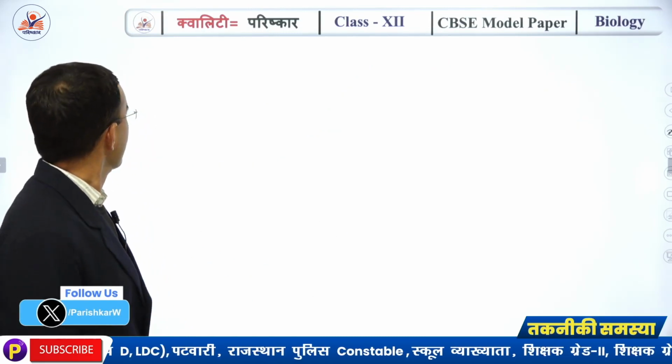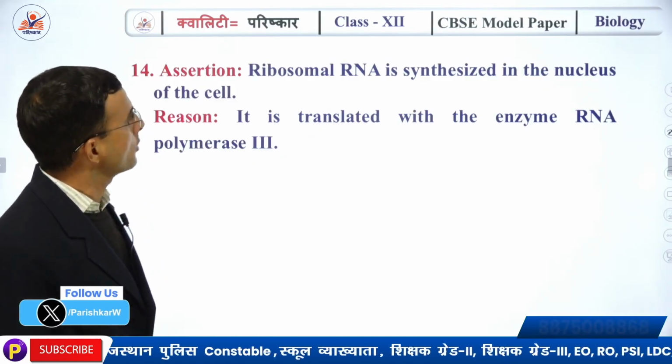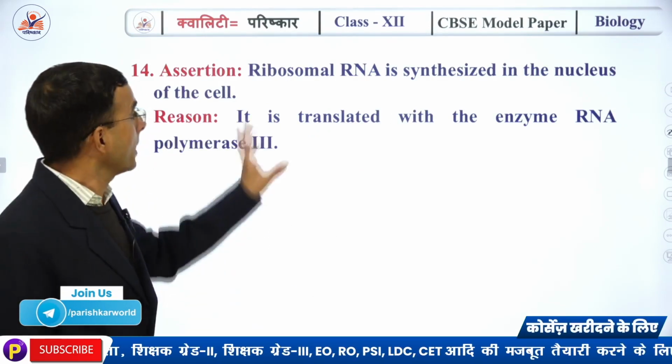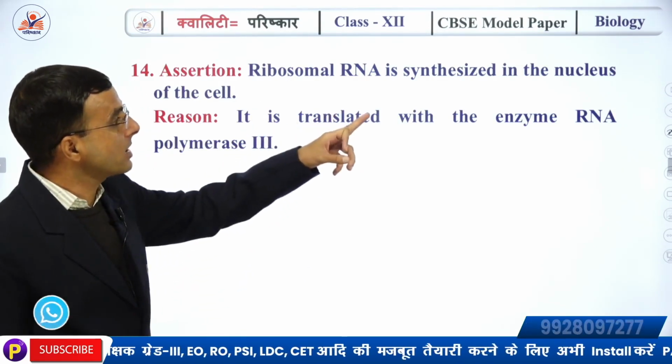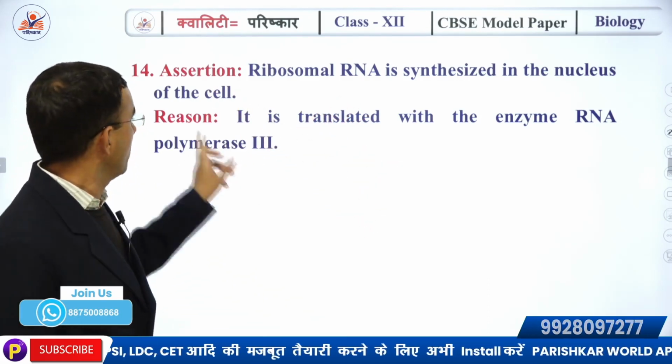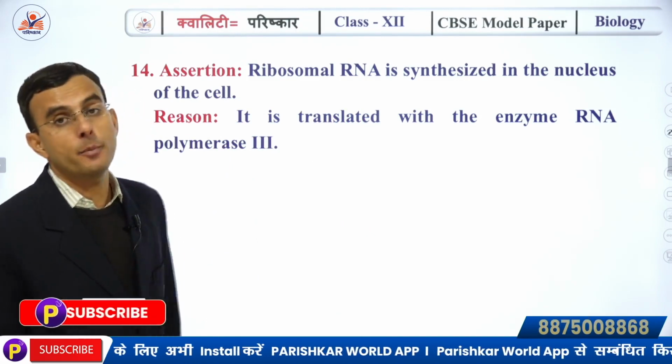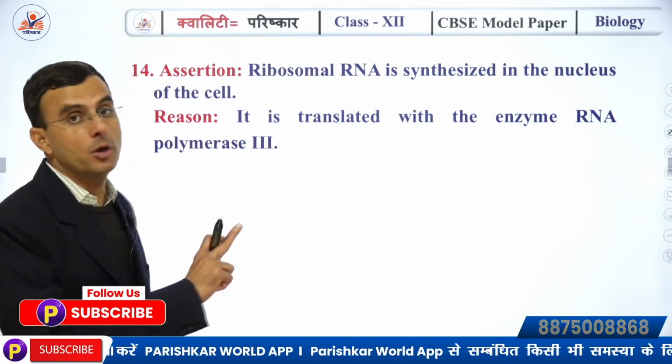Okay. Next one: assertion, ribosomal RNA is synthesized in the nucleus of the cell. Ribosomal RNA is synthesized in the nucleolar organizing region, and the reason says it is transcribed by the enzyme RNA polymerase III.